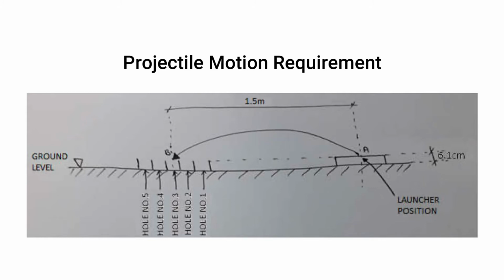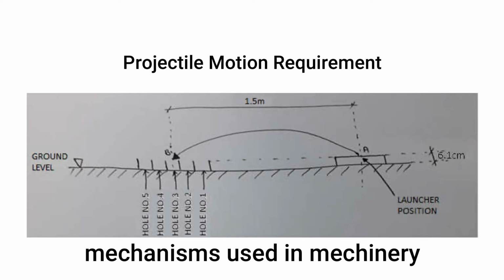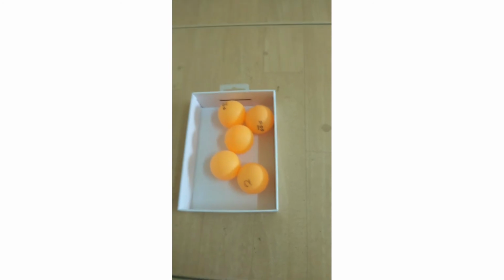In this requirement, what we analyze of the mechanism is concerned with a study of constrained relative motion and the functional aspects of mechanisms used in machinery. The first item for our mechanism is a ping pong ball.